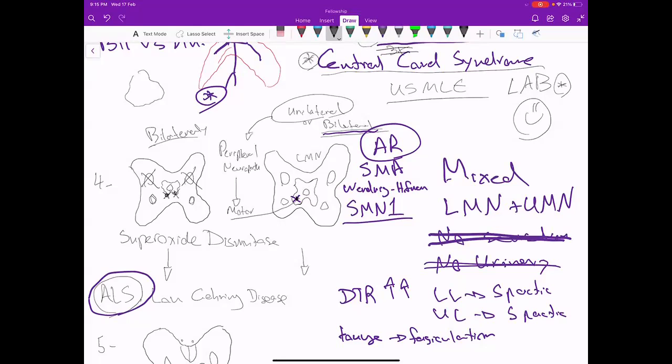Or maybe it's an infection. What infection has a tendency to damage the lower motor neuron and can be unilateral or bilateral? Is it polio? Excellent. Yes. So it is polio. Okay.